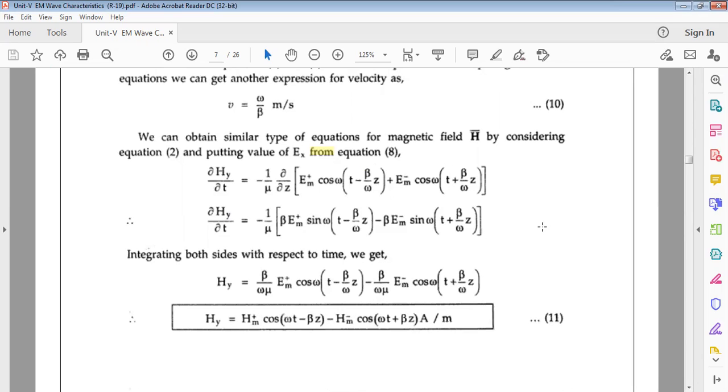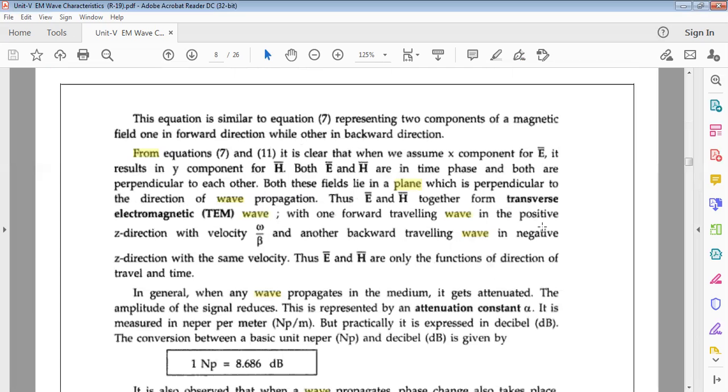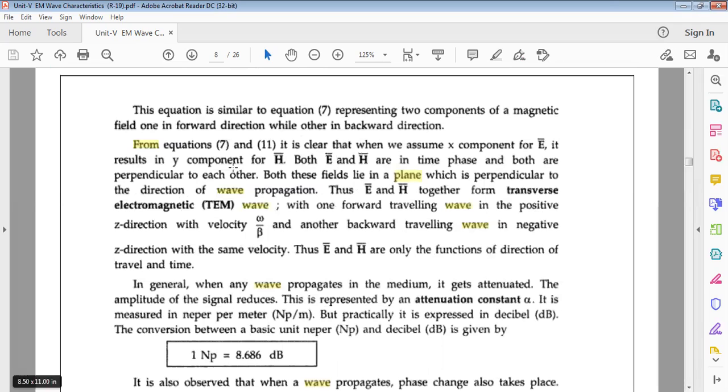Now, this equation is similar to the seventh equation representing the two components of the magnetic field. One is in the forward direction while another is in the backward direction.